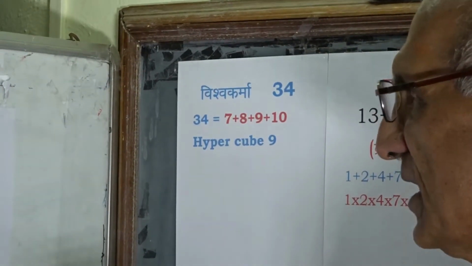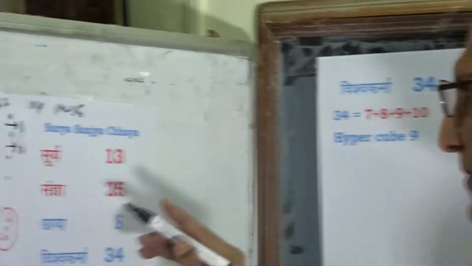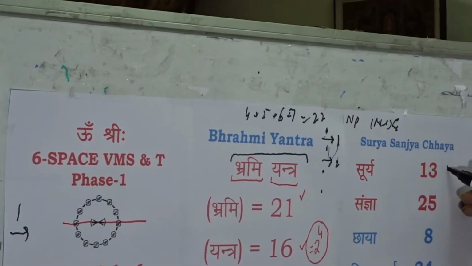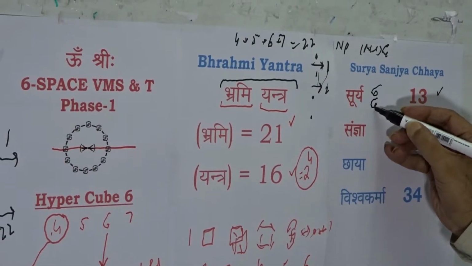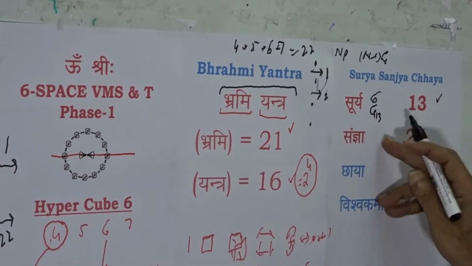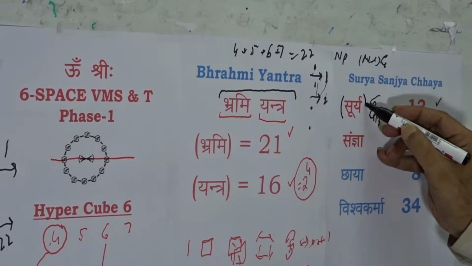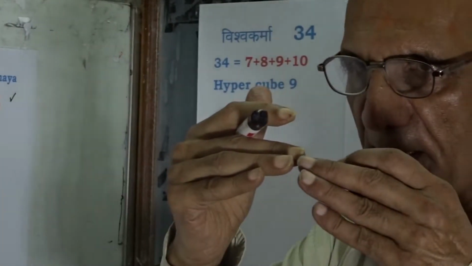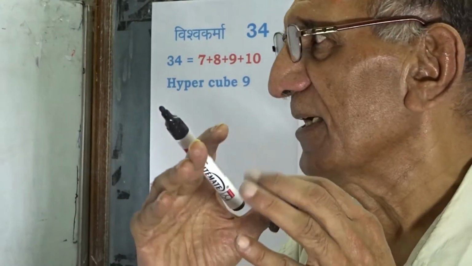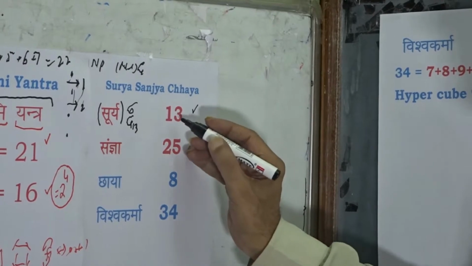Now let us see that this 6 space is accepting 13 geometries range. 6 space is having 13 geometries range. This value 13 is equal to the TCB value of formulation Surya. Our sun Surya is of range which comes to be 13.